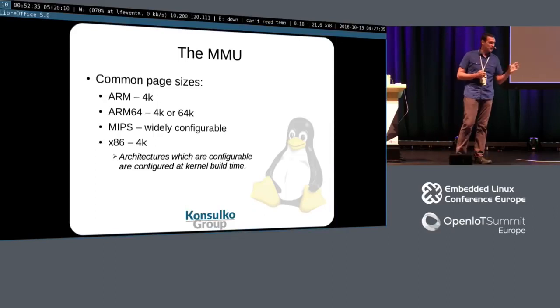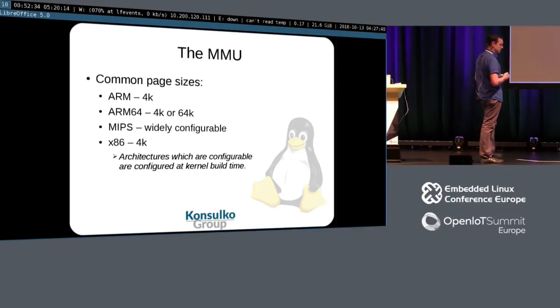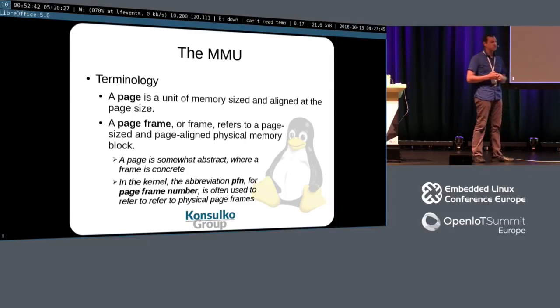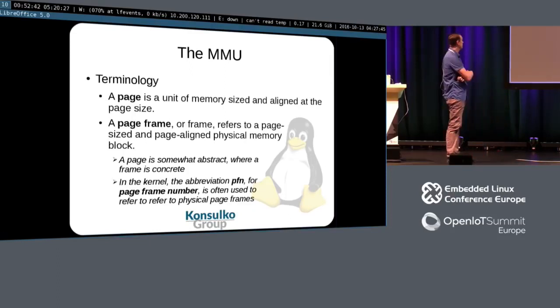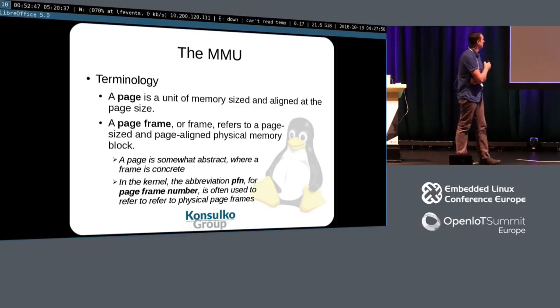Like I say, we're not going to talk about huge pages. That'd be a more advanced topic, but let's just assume 4K for this talk, since that's what most architectures default to. That's our unit of memory that the MMU can work with. We're aligned on that page size anytime we do any allocations or mappings.